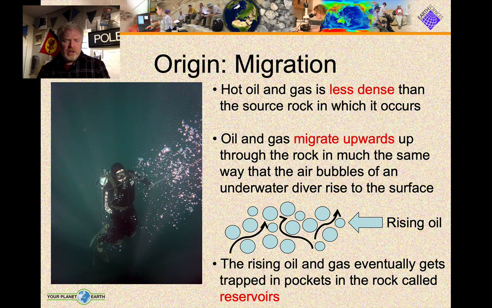The analogy here is like these air bubbles released by a diver. They'll find their way upwards because of this density difference. And it'll keep rising until something stops those hydrocarbons from moving.